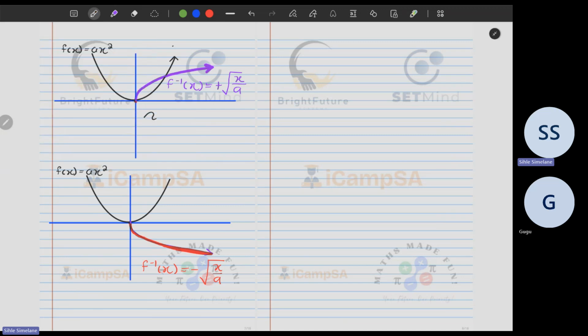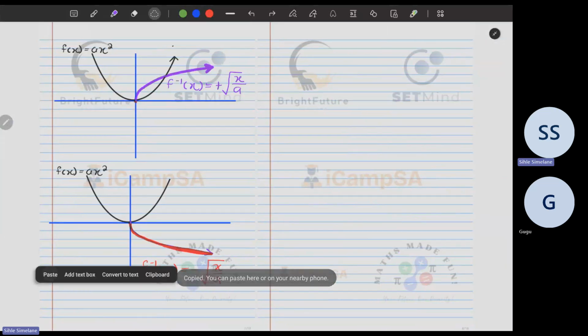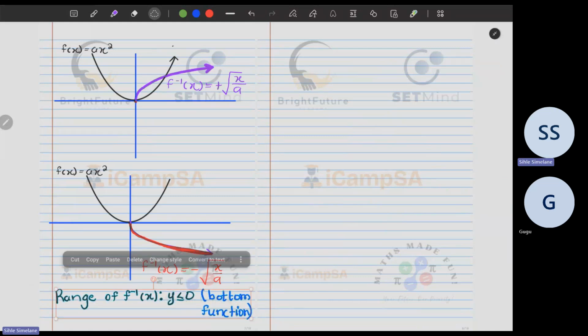So with this one, if you remember, we said that the range, we copy this. So for the top one, this is less than 0. So this would be for the bottom one. That would be how we restrict the bottom one to make it a function.